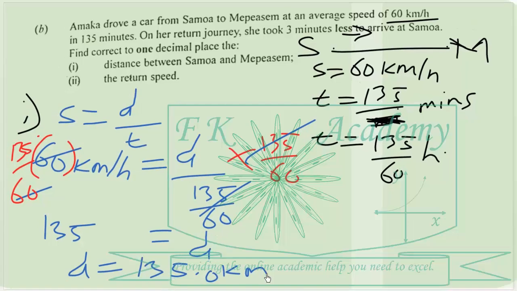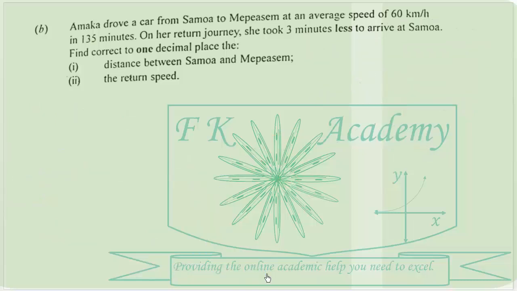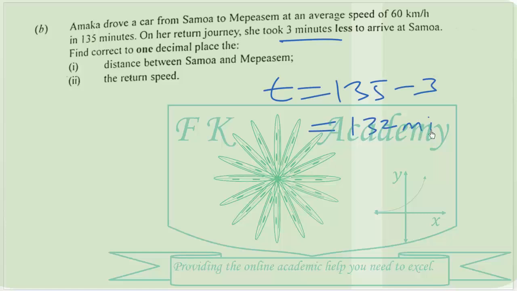Then I said the return speed. So with the return speed, we're told that she took 3 minutes less. So the time taken will be equal to 135 minus 3 minutes. That will be 132 minutes, and the distance we found to be 135 kilometers.